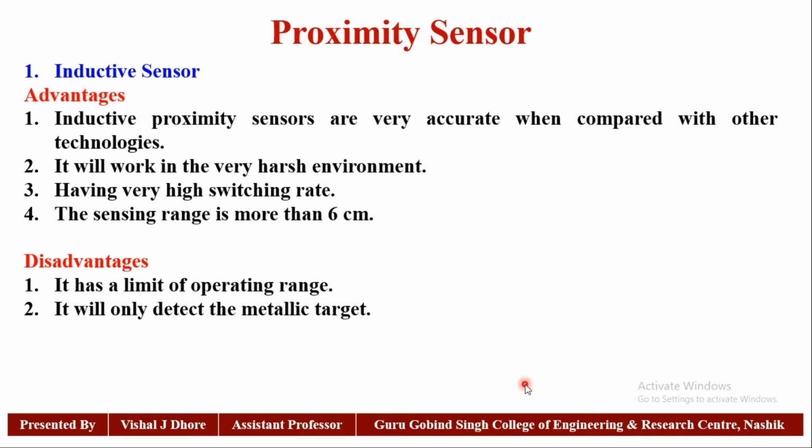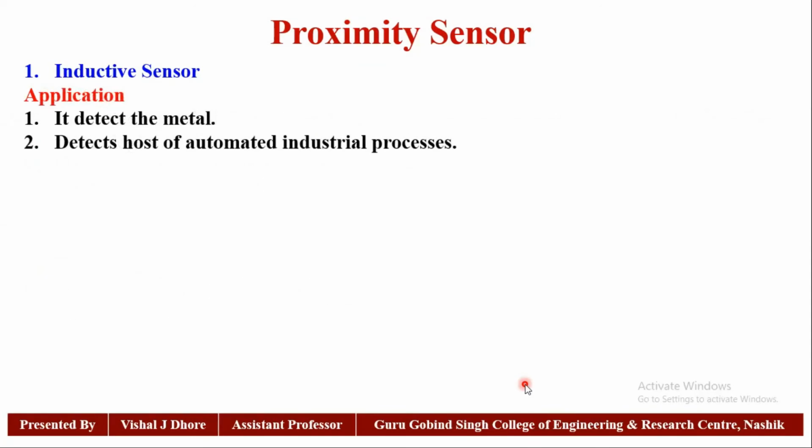Some disadvantages of inductive sensors are that they have a limit of operating range, and they only detect metallic targets. Now let us discuss the applications. It detects metal and is used in a host of automated industrial processes. So this is about the inductive sensors.